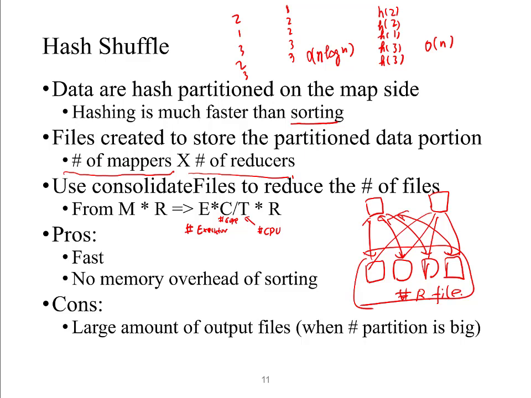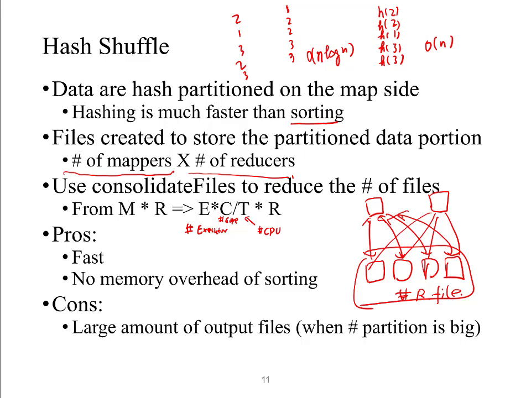So it would create only C over T groups of output files, and each group is of R files. So after the first C over T parallel map tasks have finished, each next map task would reuse an existing group from this pool. So the total number is reduced from M times R to E times C over T times R.